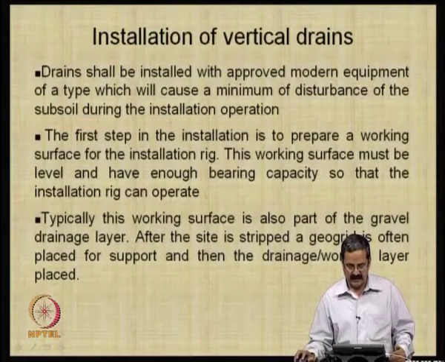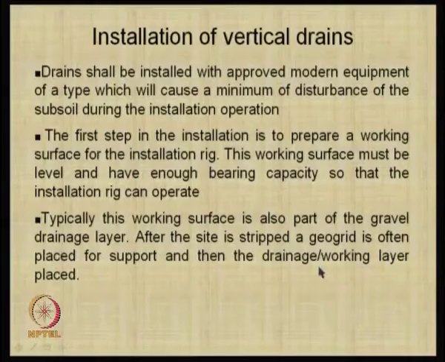After the site is stripped, a geogrid is often placed to support, and then the drainage and working layer is placed. Sometimes you saw that coir drains were standing, and you try to cover them with sand and then put a geotextile layer which can work as a drainage layer, because sand is of course a good drainage layer, but sometimes they say a geogrid could be placed.